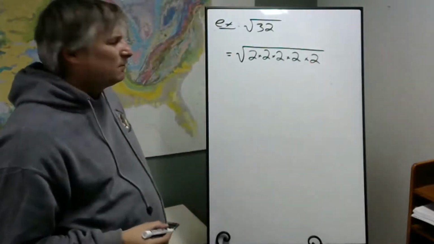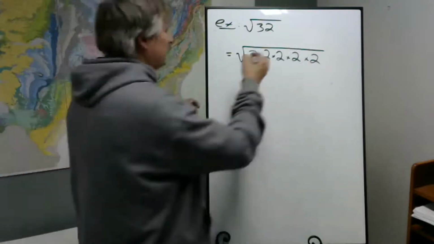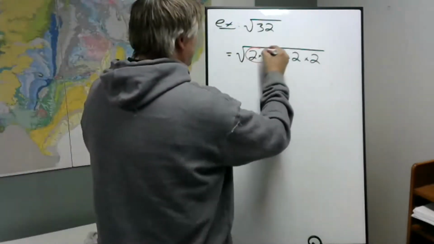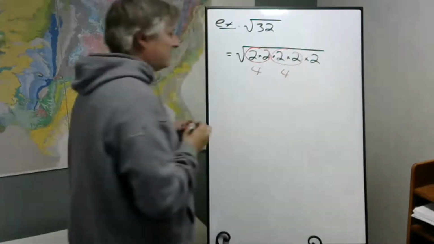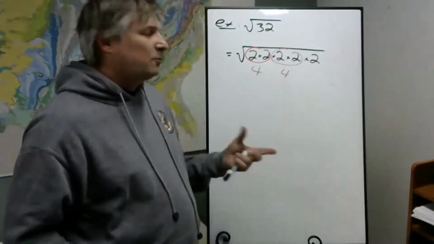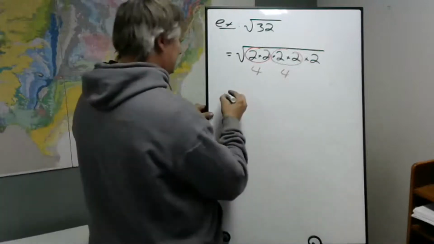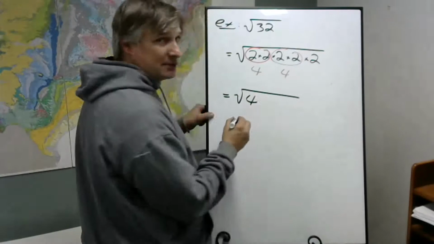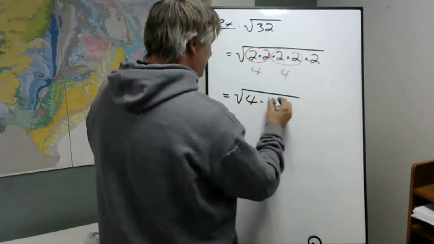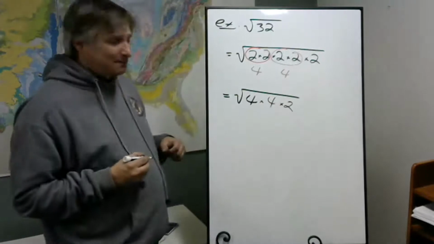And, well, one thing to keep in mind, every 2 times 2 is a 4. So this is something that we can take the square root of. So that means number we can take the square root of, number we can take the square root of, and then a number that we can't.